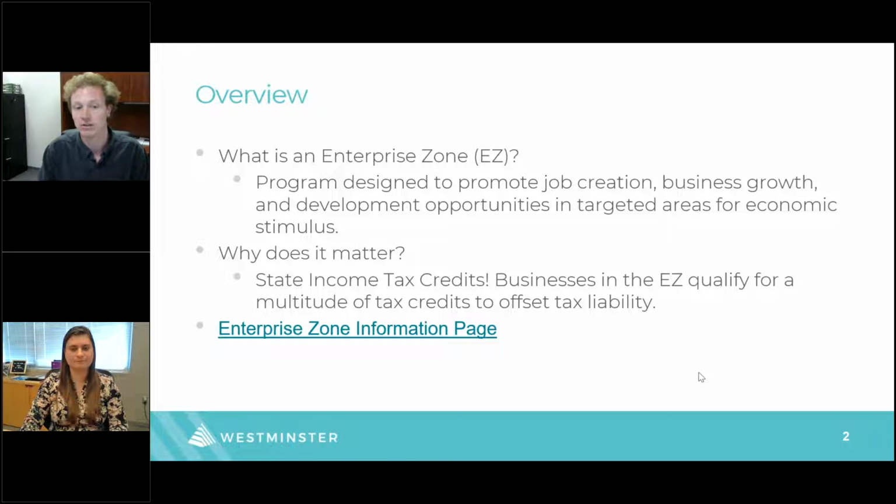And it matters because qualifying businesses can receive state income tax credits, and we'll get into those specifics later on, but it's just good to know that you can receive state income tax credits for specific investment opportunities if you are in an enterprise zone. And that third bullet point is a hyperlink to the state's enterprise zone information page. Next slide, please.